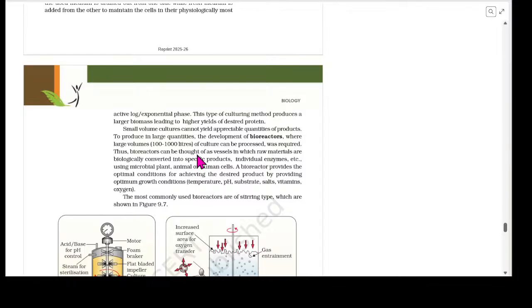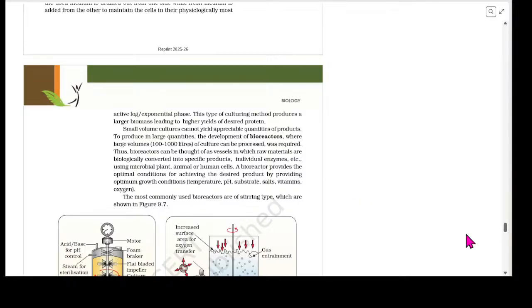Thus, bioreactors can be thought of as vessels in which raw materials are biologically converted into specific products or individual enzymes, etc. Using microbial, plant, animal, or human cells, a bioreactor provides the optimal conditions for achieving the desired product by providing optimal growth conditions, which include temperature, pH, substrate, salts, vitamins, oxygen, etc.